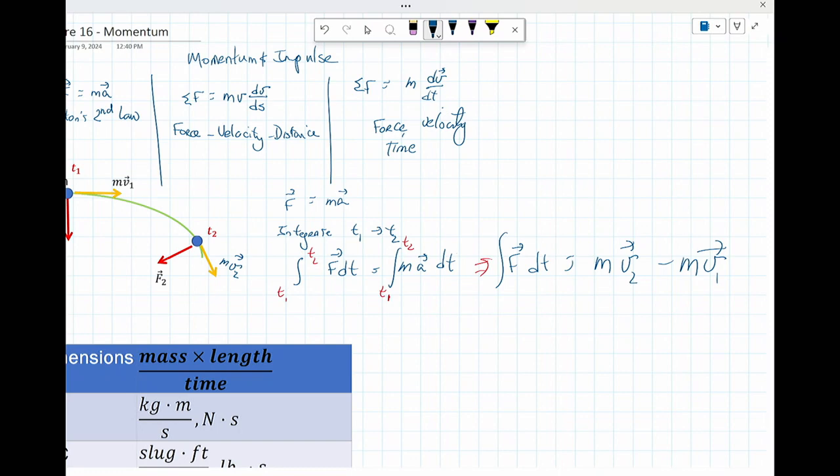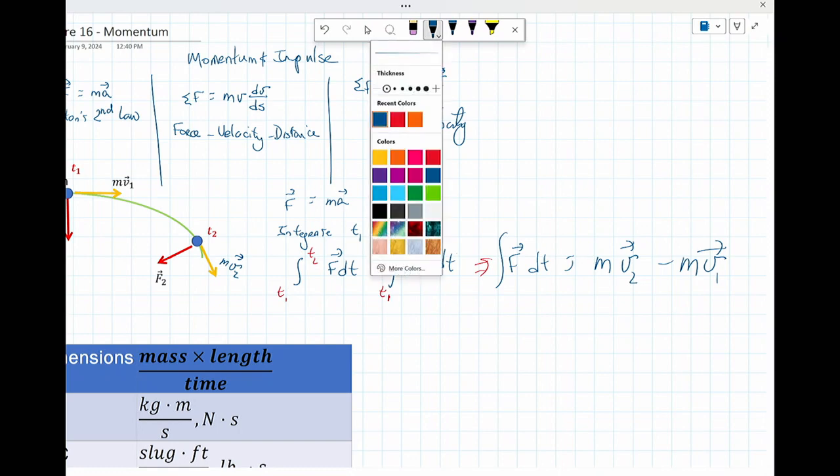And so these kind of new terms appear. And you can do one other thing.